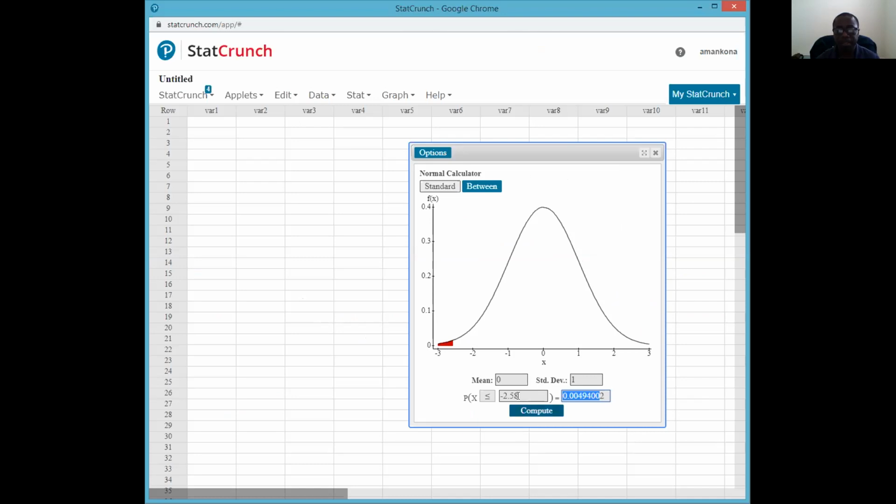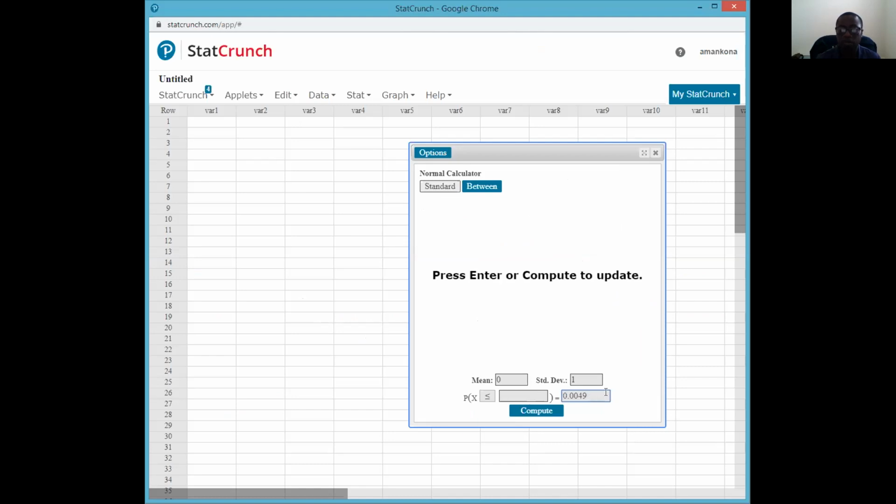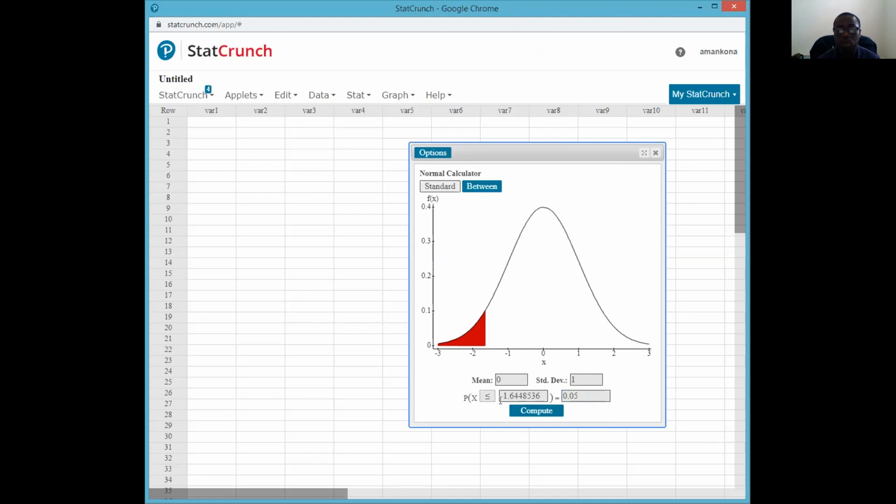I want to find the value with probability 0.05 to the left. What is my critical value? Let's compute that. That is negative 1.645.